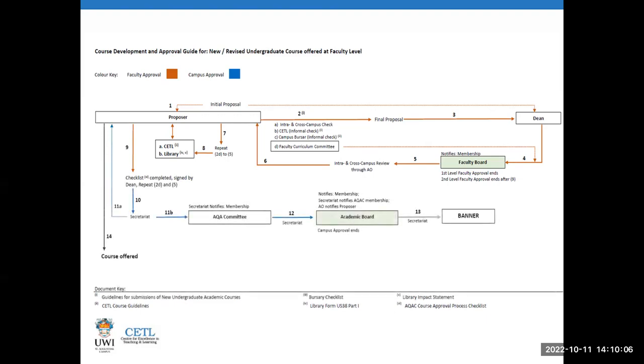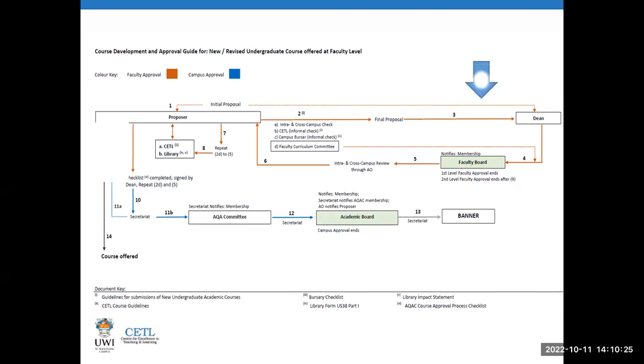All right. Once the CETL and other entities, the library, the bursary, and so on, go through and approve, then it goes to ACWAC, then eventually to BUS or the academic board. And once approval is granted, it goes straight to BANA.